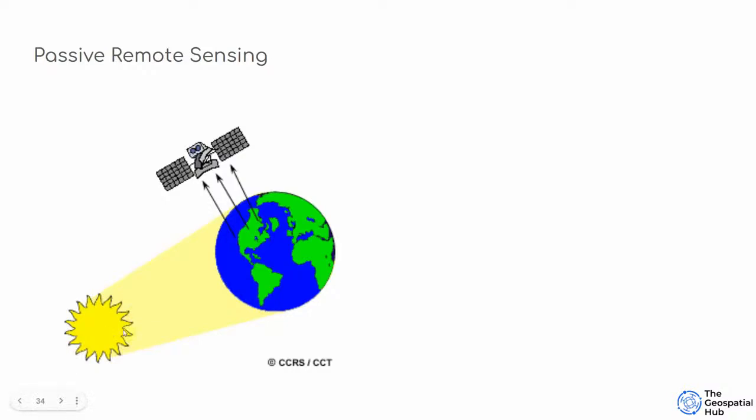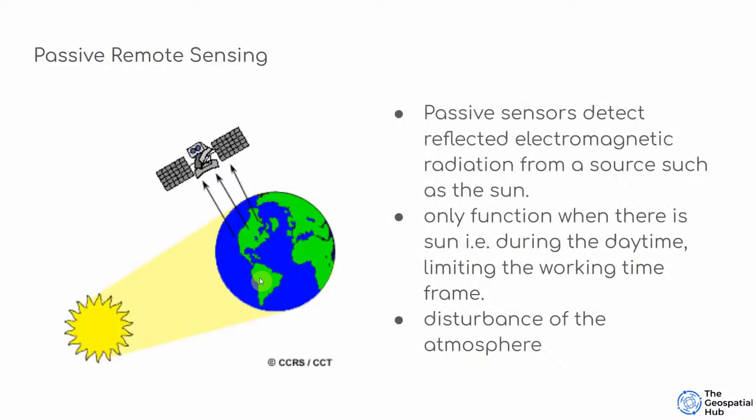Without the sun sending radiation to the Earth, there's nothing that will be reflected back for the sensor to pick up. So passive remote sensing is only functional when we have the sun. It operates during the daytime, the operation is limited at night, so we can't use passive remote sensing at night.